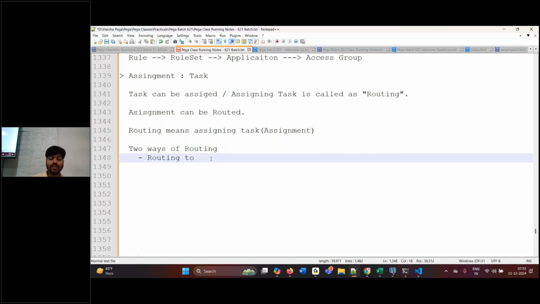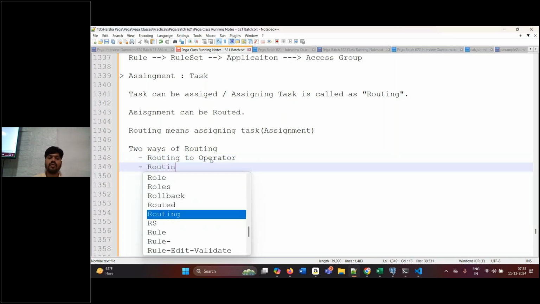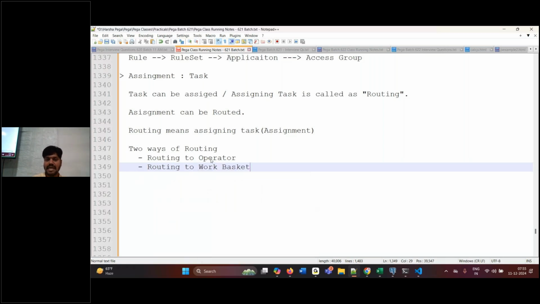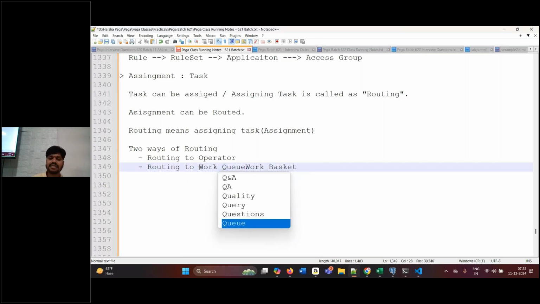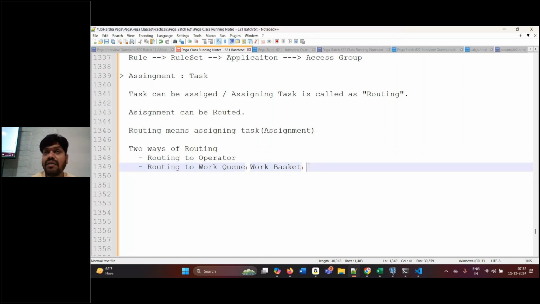Routing to an operator is a dedicated person. Routing to a work basket is the common bucket. Basket is the old terminology. Work queue is the latest terminology, but basket makes better sense actually. Previously we used to call it work basket. Now we call it work queue from Pega 7 onwards.